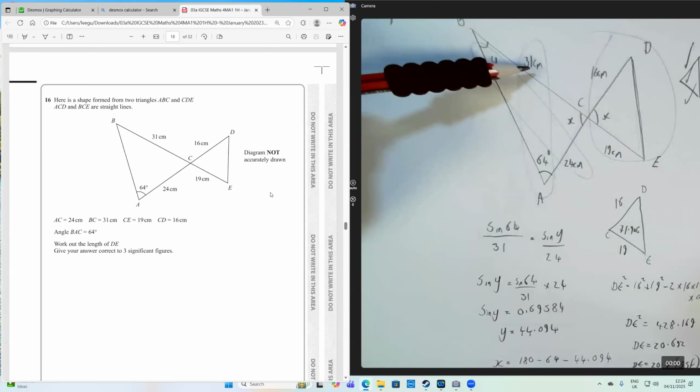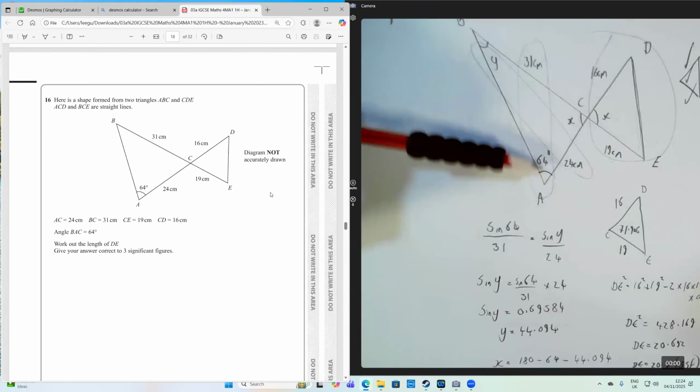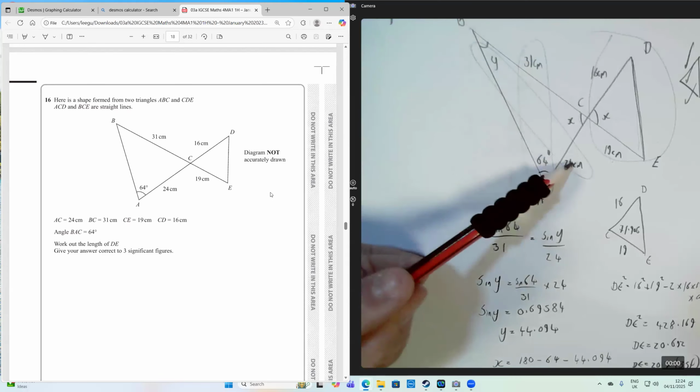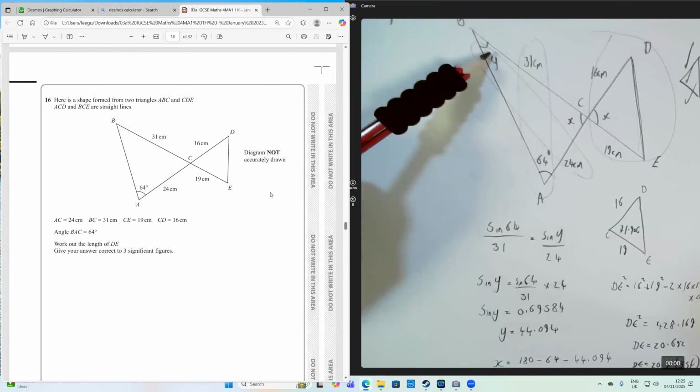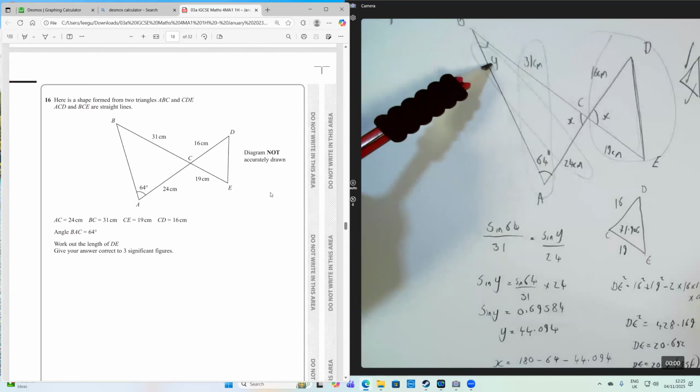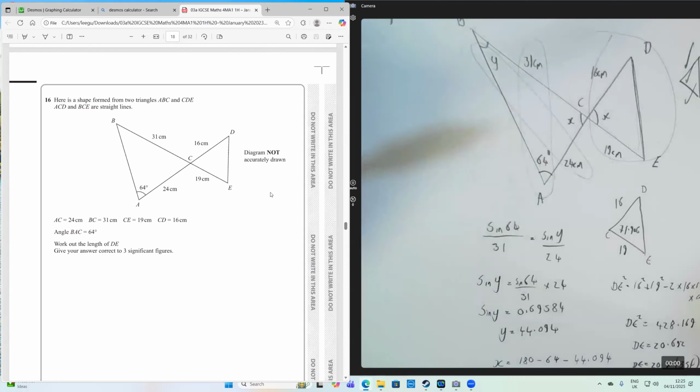So I'm thinking to myself, this could be the sine rule, because the sine rule is all about matching pairs. We've got a matching pair here of a side and an angle. And actually, we could use that to calculate this angle here, because we know the 24, but we're missing that angle. So the sine rule could be used to calculate that angle y. Now you might be thinking to yourself, well, why on earth would we need to do that?